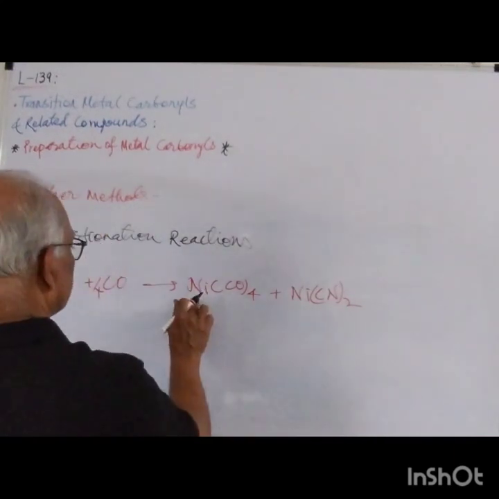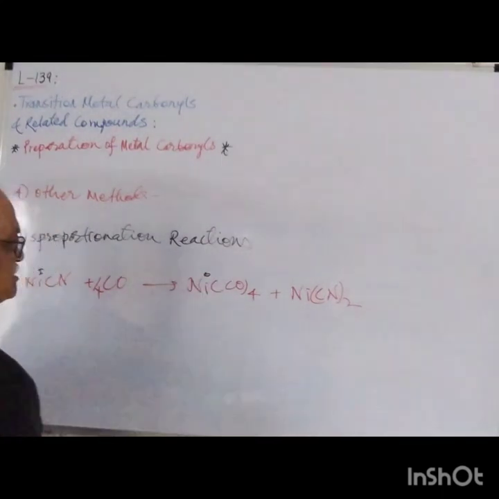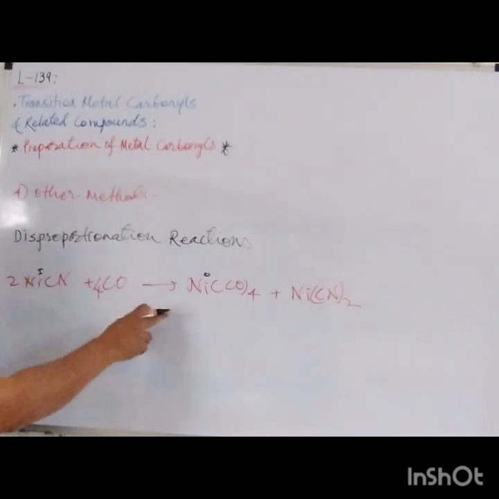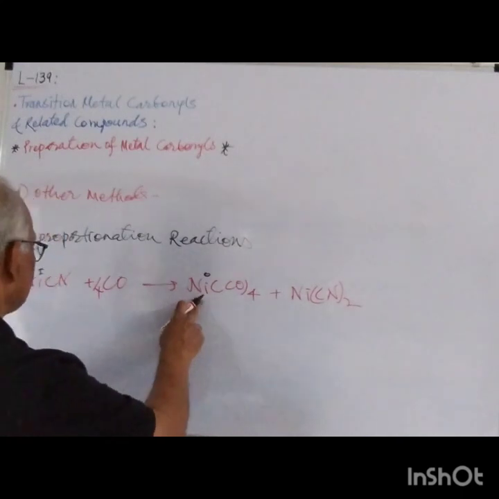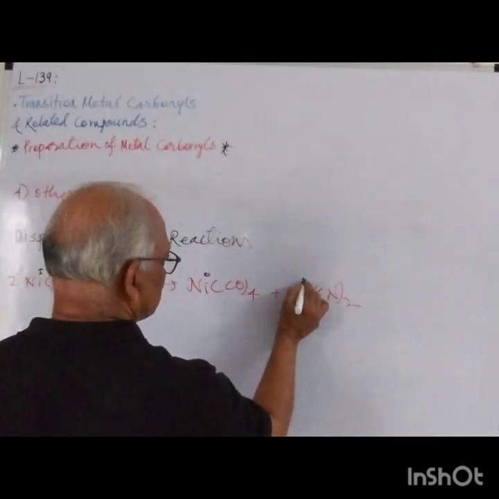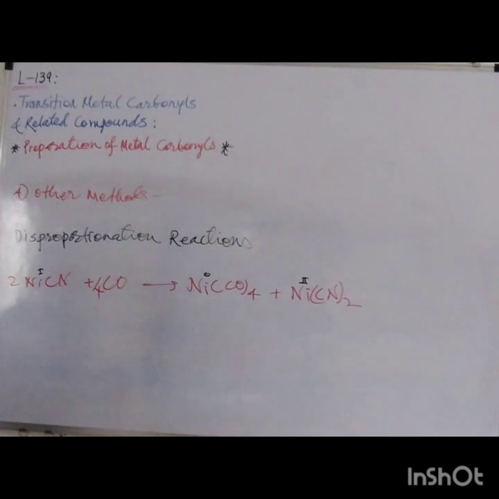Out of 2 molecules, one is undergoing reduction, so it is converted into 0 oxidation state. So Ni plus 1 is reduced to Ni0, and another molecule is oxidized to Ni2. So that is called self-oxidation reduction.